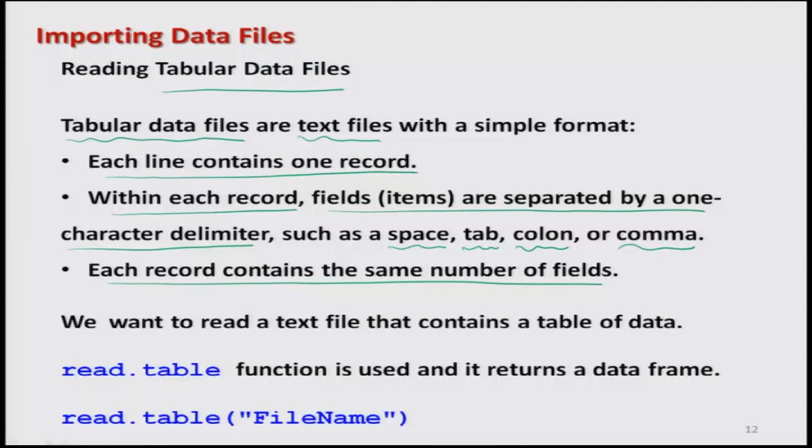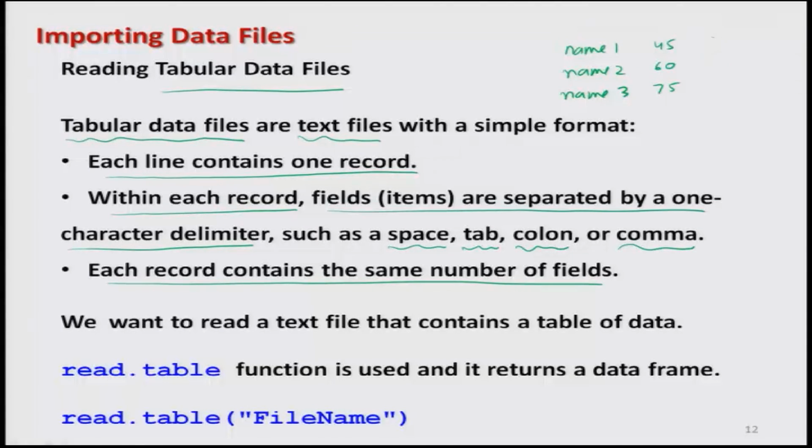Does it look very difficult to understand? Possibly yes. Take an example. Suppose I write down 3 names, name 1, name 2, name 3, and suppose I write their age: name 1 is 45 years, name 2 has age 60 years, and name 3 has age 75 years, and suppose their weight.